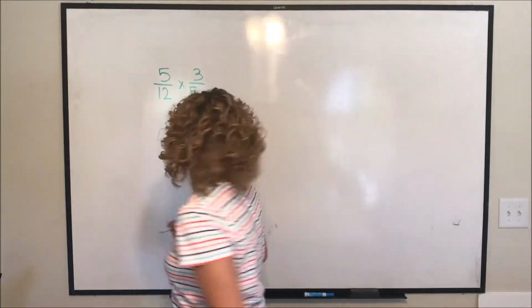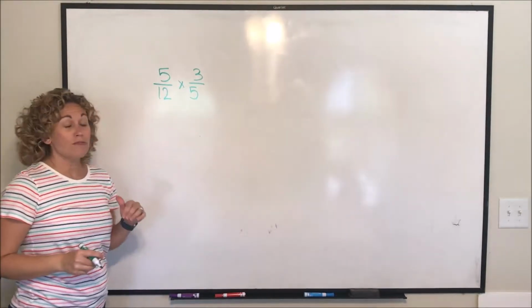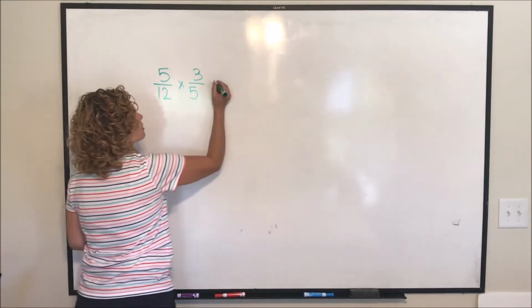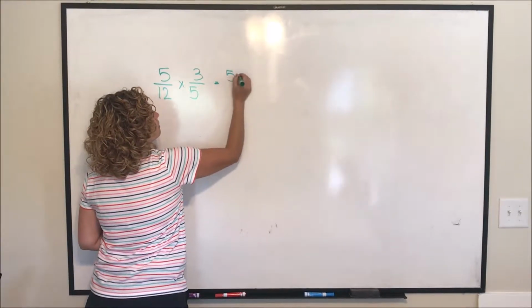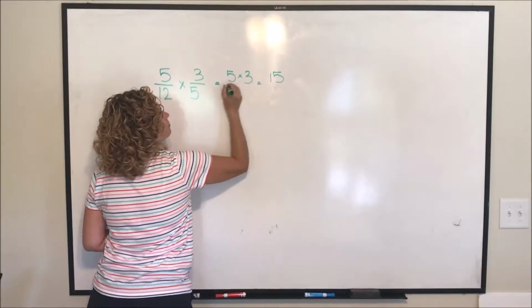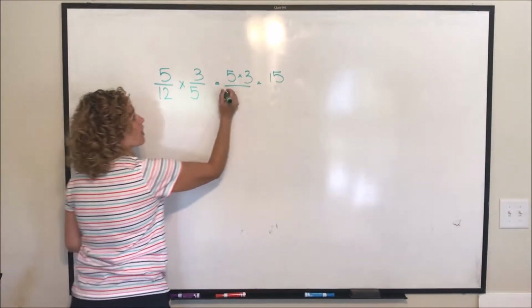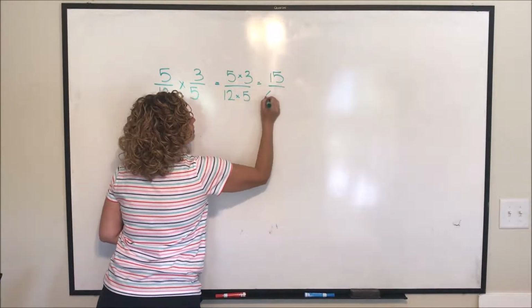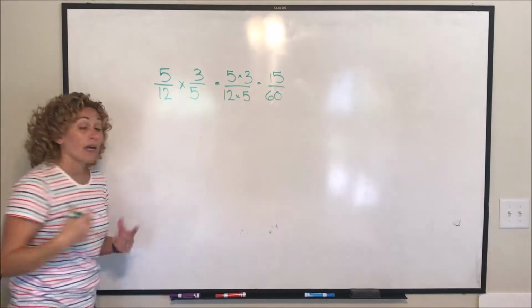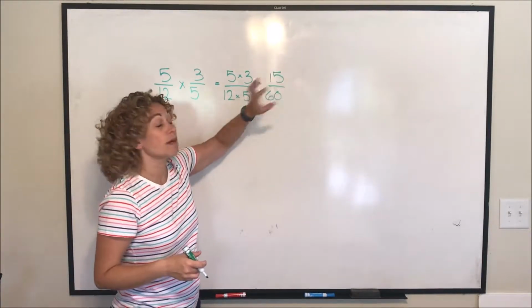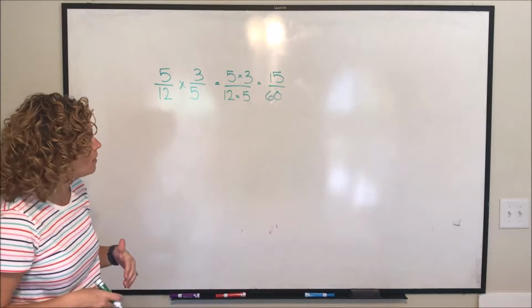With this type of problem, what you've done so far in previous years is 5 times 3 gives you your 15. 12 times 5 gave you 60. Sometimes you might have left your answer, but the problem is this answer can be reduced or simplified.